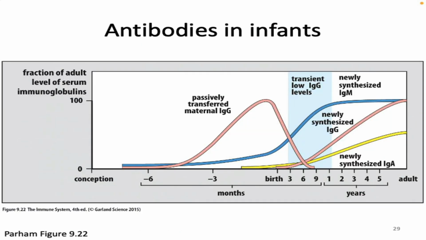So what you can notice here is actually the details of antibodies in fetuses and in infants. If we look at birth here, at birth, we have a lot of IgG that came from mom. And the baby actually hasn't really started making anything on its own, just a bit of IgM, but it really hasn't been making anything else.